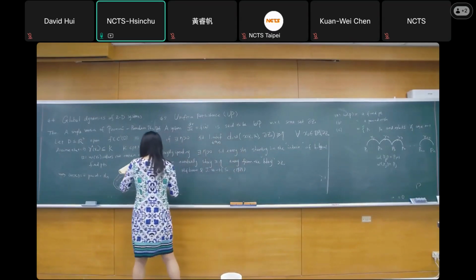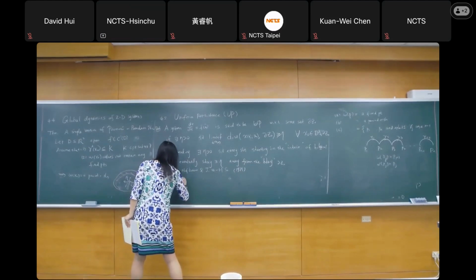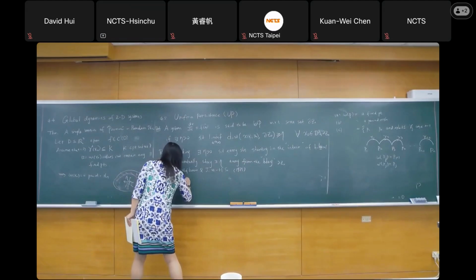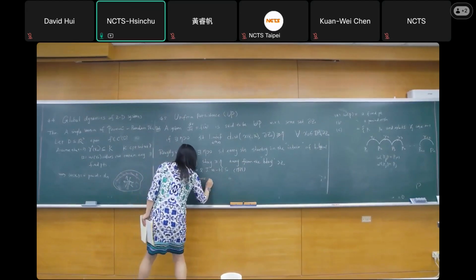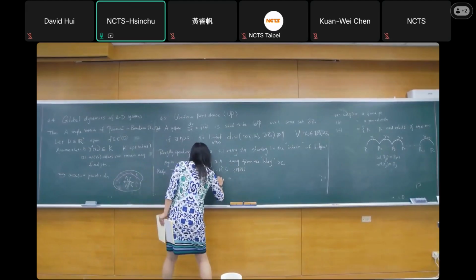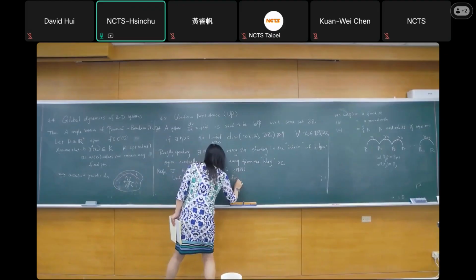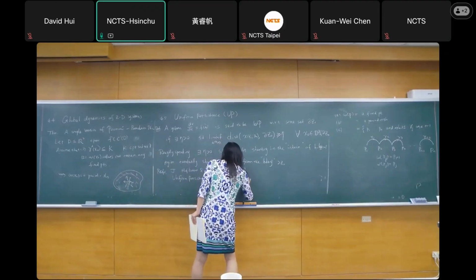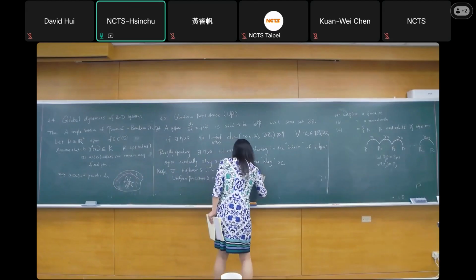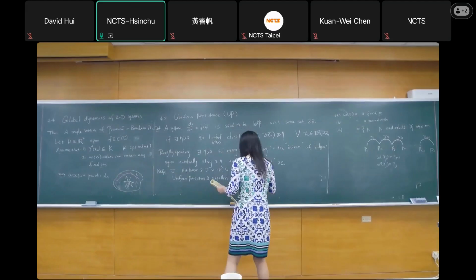The paper is called Uniform Persistence and Repellers for Maps. This is the paper published in the Proceedings of the AMS. And you can find that.